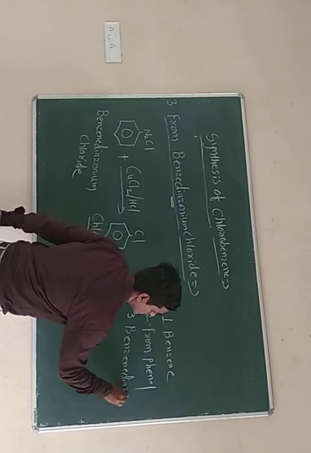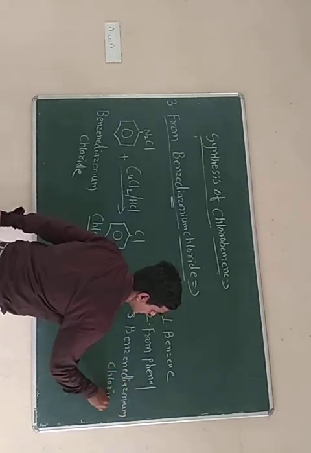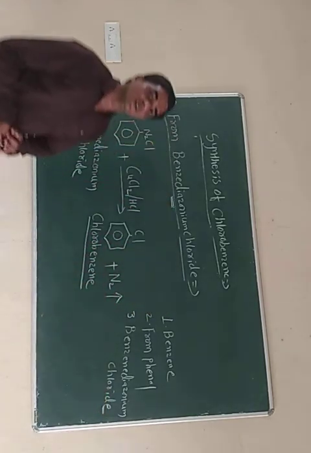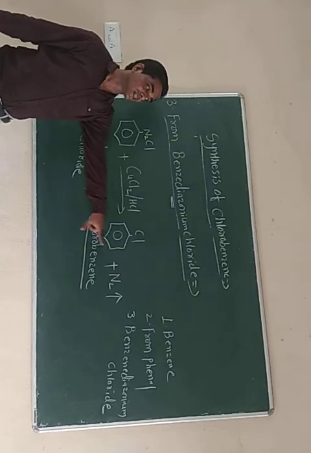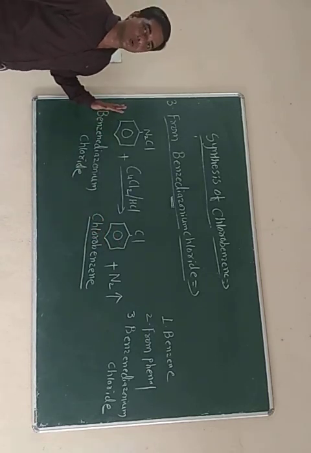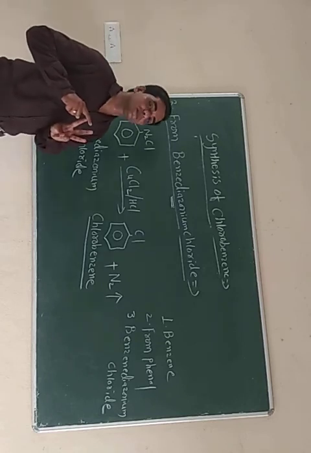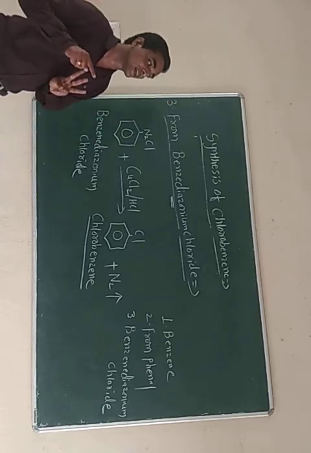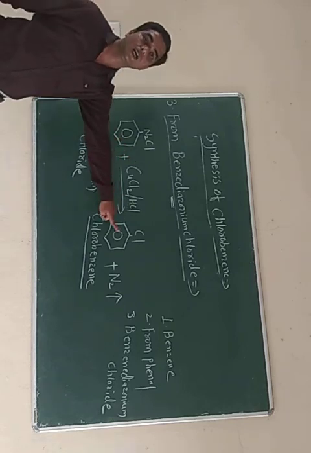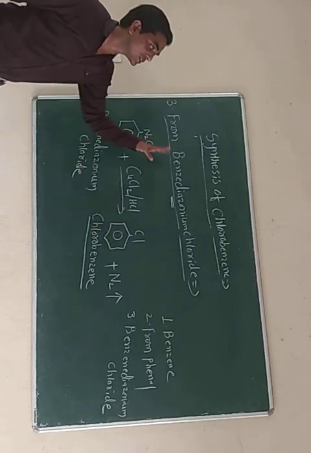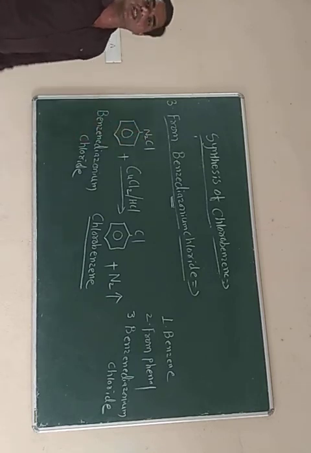So these are all the methods of preparation of chlorobenzene. Chlorobenzene can be prepared by three methods. First method is from benzene, second one is from phenol, and last one is from benzene diazonium chloride. In this way, chlorobenzene can be synthesized by these three methods.